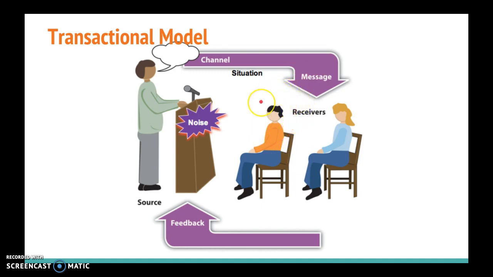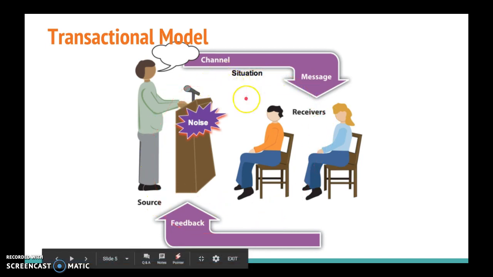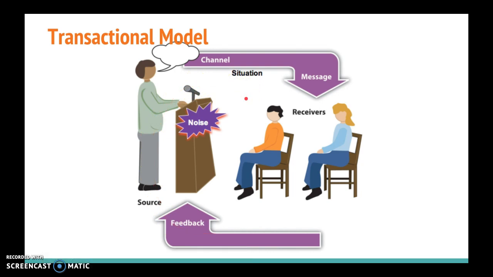These people are supposed to be getting off of work, or if it's close to the end of the lecture period, people are going to be wondering when the heck the speaker is going to shut up so that they can go home, right? So time and place are really crucial to all of this as well. So as you can see, there's a lot happening in this transactional model of communication, but this is the most comprehensive explanation of what is happening during a public speech.